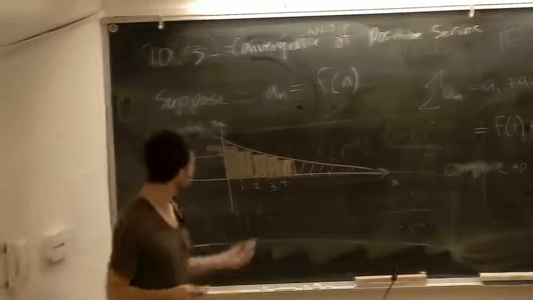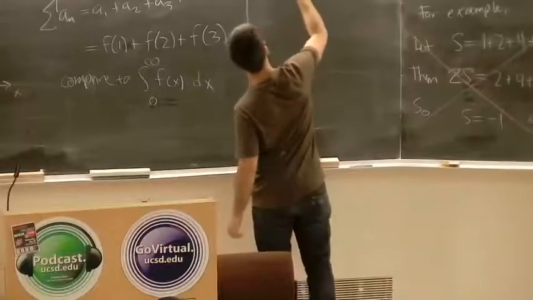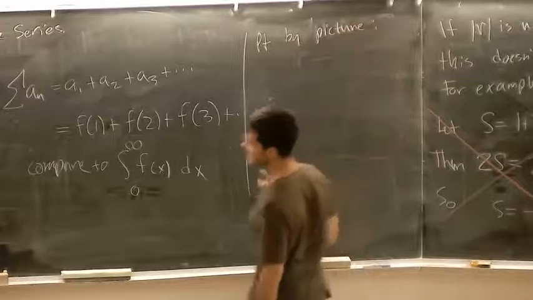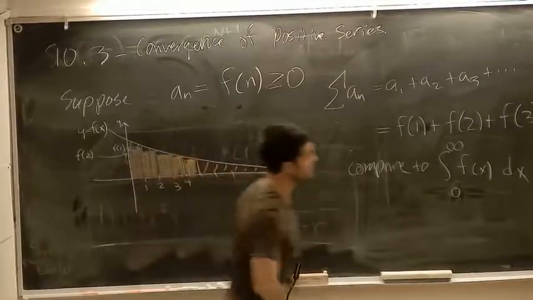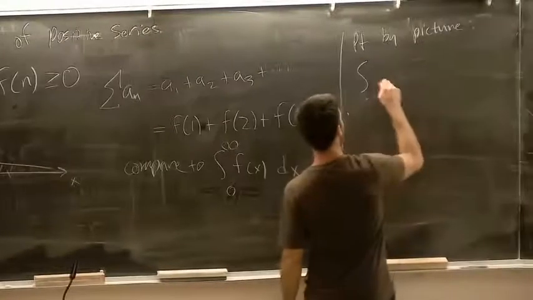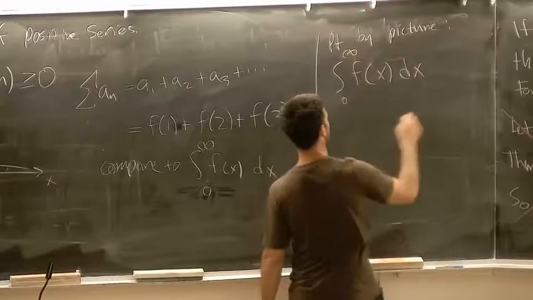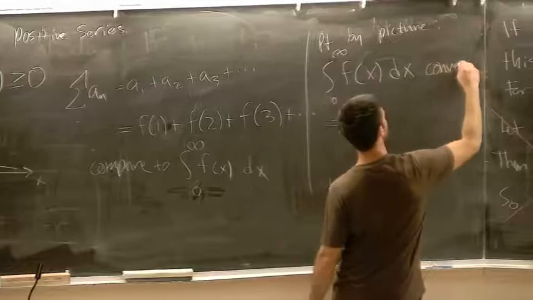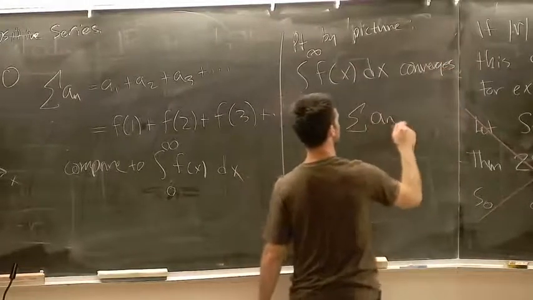I think I'm just going to do this proof by picture. In this case, where, by the way, everything needs to be positive, I claim that if the integral of f of x converges, that implies that the sum converges.